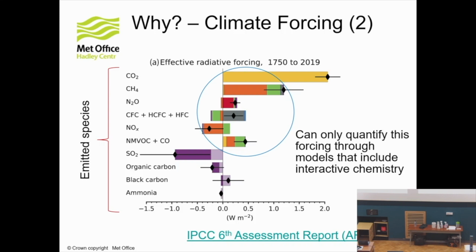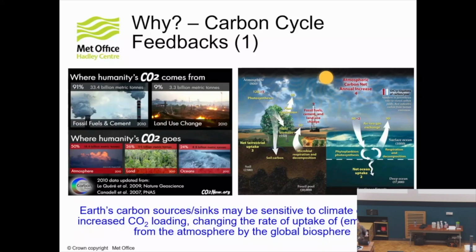And of course, we can only quantify these contributions through having models that include both interactive chemistry and aerosols. So again, this is another reason why we're interested in including aspects of the Earth system within climate models.